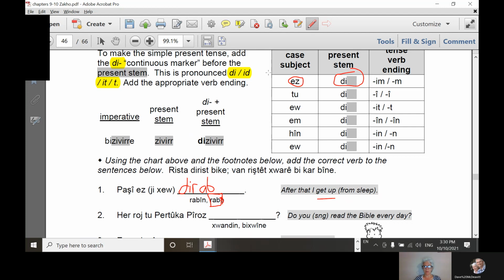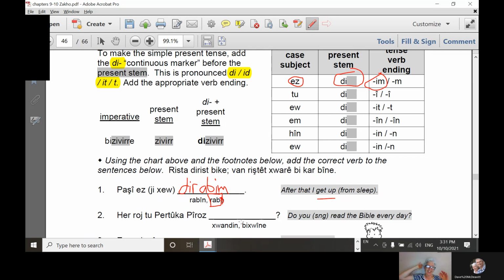And then you're looking for the ending. So you either do I am or you do m. But because it ends in a b, we're looking for the one with a verb. So we're looking for the first one. And there you have it.